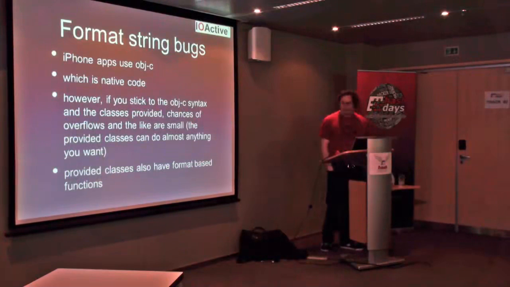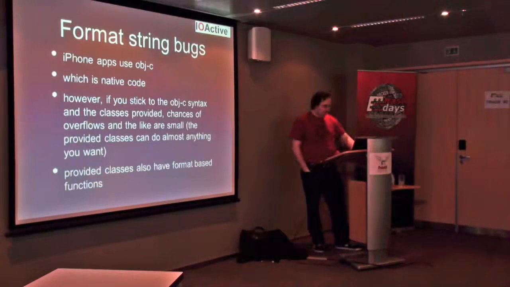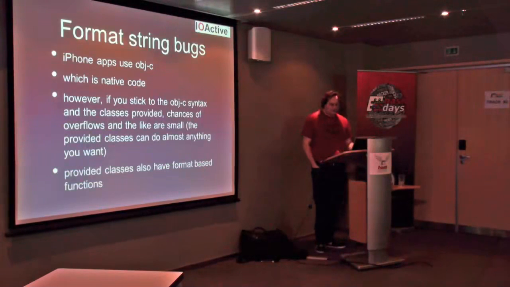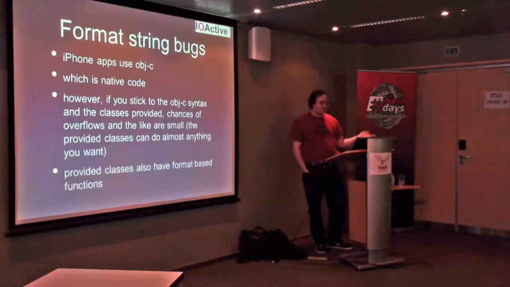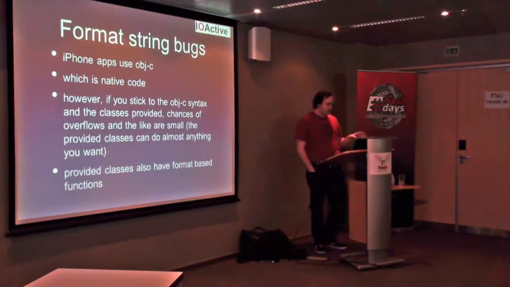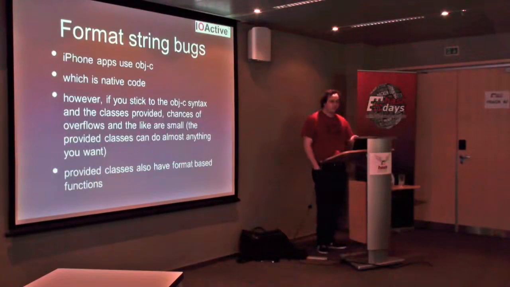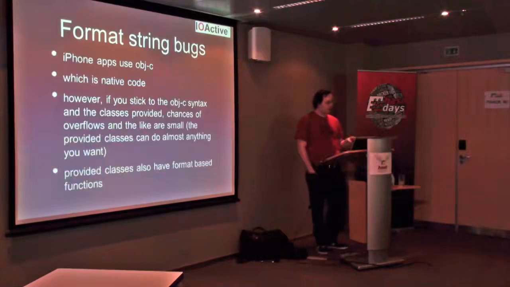One of the things I've seen that are incredibly common among iOS apps are format string bugs. And this is pretty common to the C language. What I said earlier is that Objective-C is a strict superset of C, which is native code, but Objective-C offers a whole bunch of classes and objects that do all sorts of low-level stuff for you.